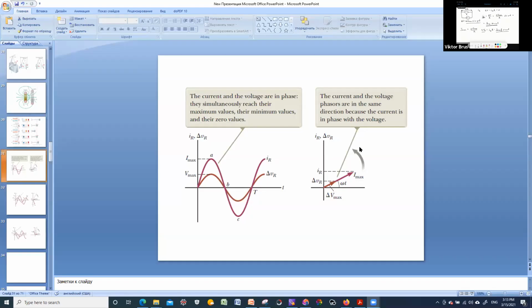Yes. So here we have two plots. On the left side, we have current and voltage. So this is current dependence over time and voltage dependence over time. We see that these two quantities, two parameters change in phase.